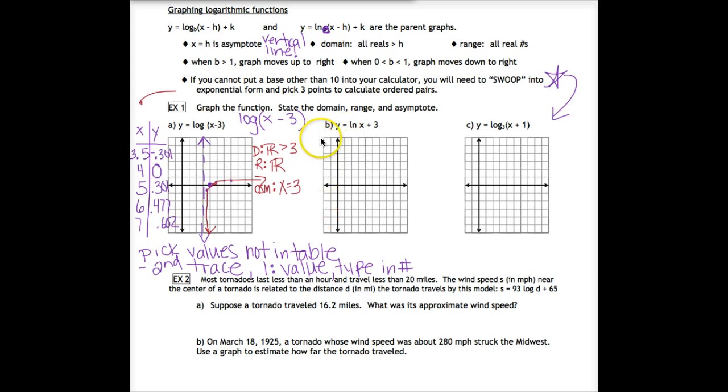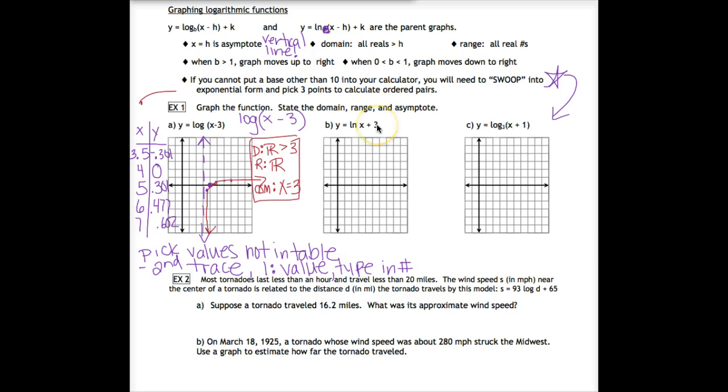All right, so let's look at another, and this time we're going to look at a natural log. We're using the same process, it's just we press the ln button instead of the log button here. So, circle those there. All right, so again, this is different than this. This does not have parentheses.